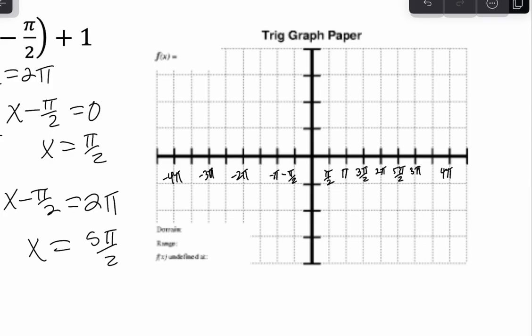Okay, so that's how we're going to count our x's. Now you decide how you count them. If you mark it a little different along your graph paper, I'm okay with that, but you have to always mark it to tell me how you were counting.